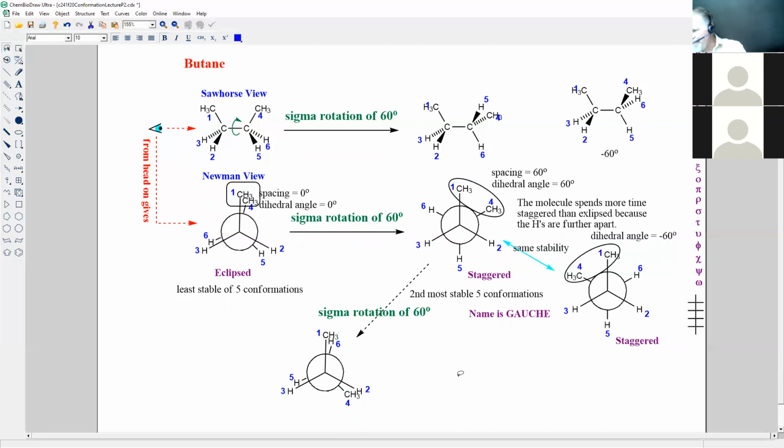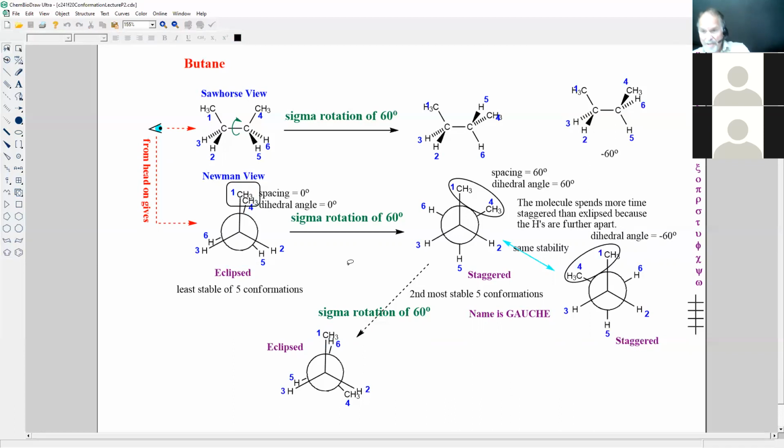And there you have, and this is another eclipsed, isn't it? It's another eclipsed. Is it as bad as the first eclipsed? No. A CH3 group is a lot bigger than an H. So when I have 2 CH3s on top of each other, if I did bring my toys, I would have been able to show you.